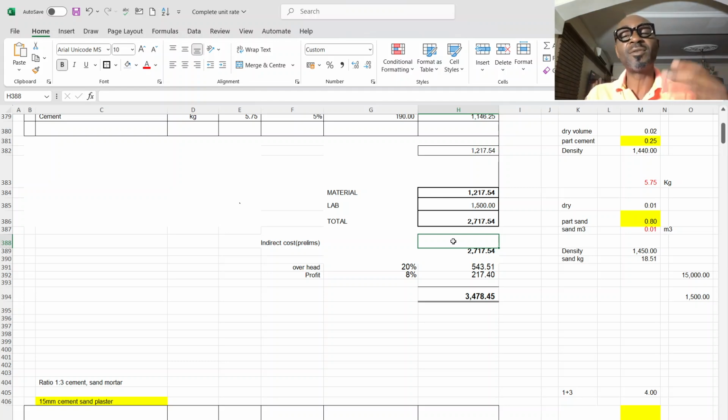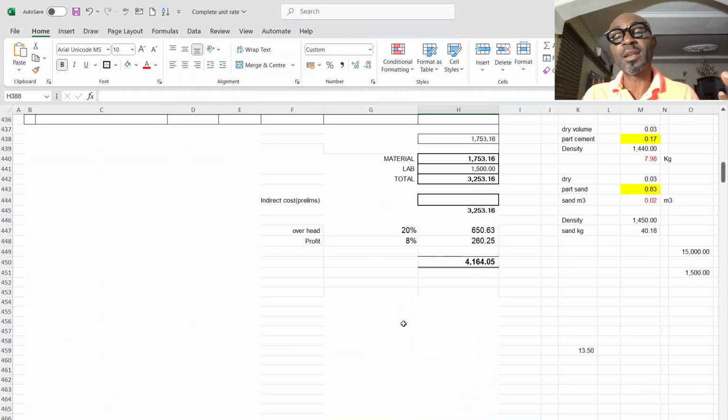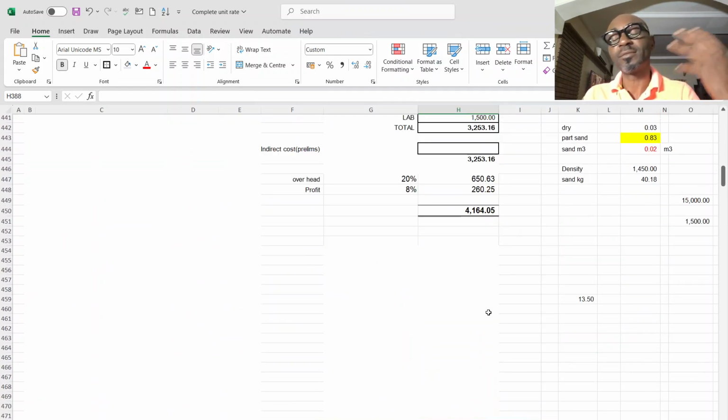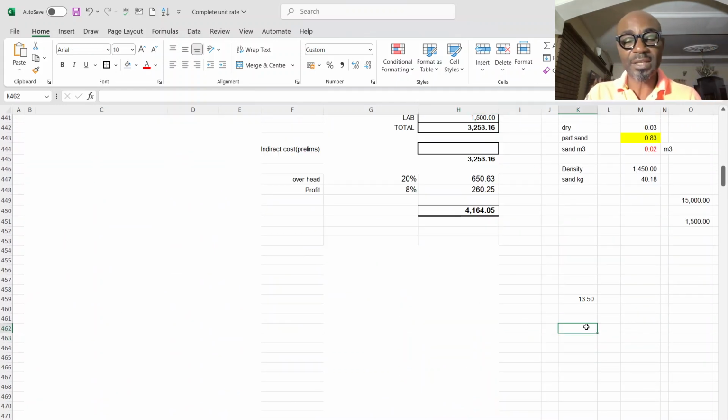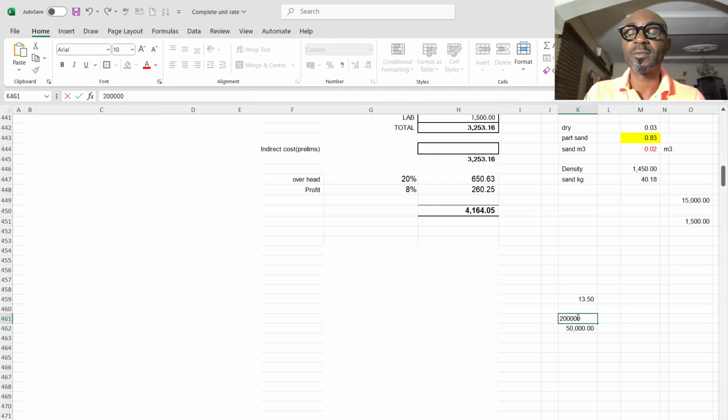Maybe after you've divided it by, let's say I have a 50,000 square meter, and I have summed up my preliminary is going to cost me say 20,000.